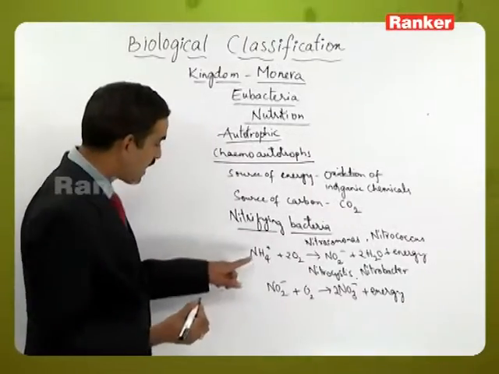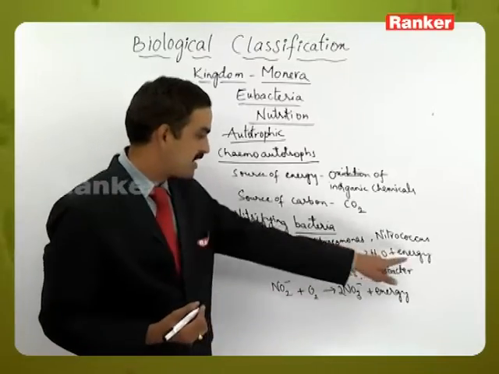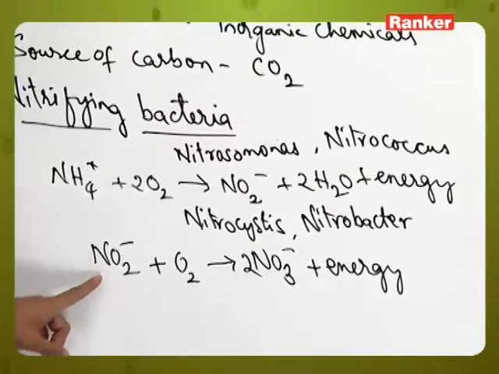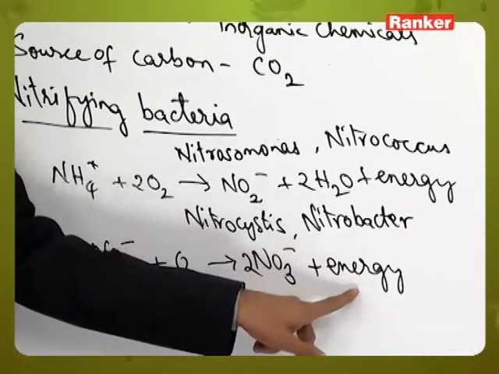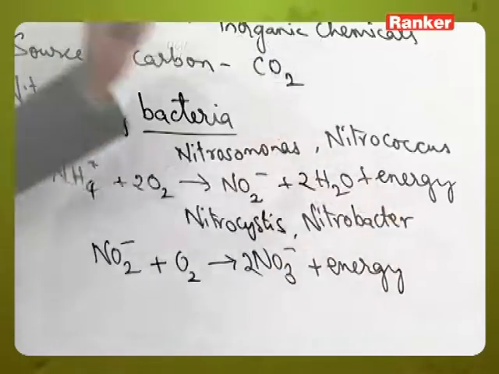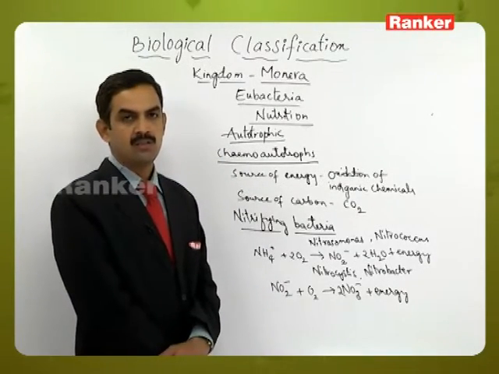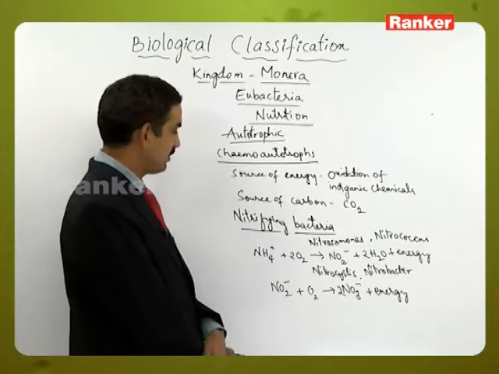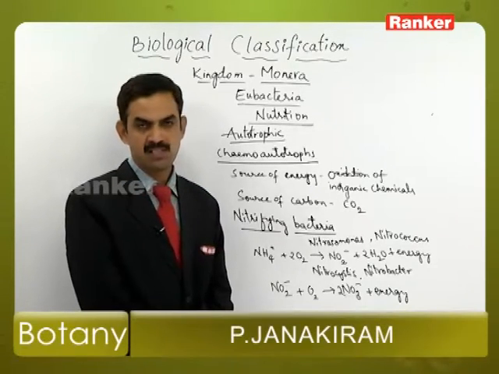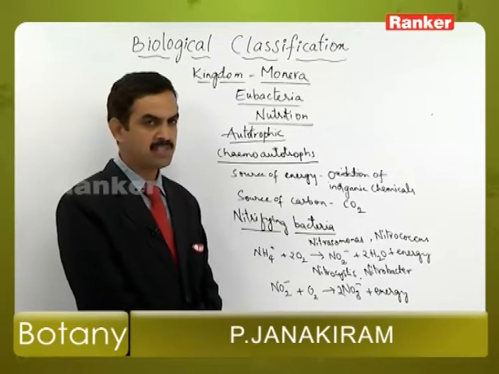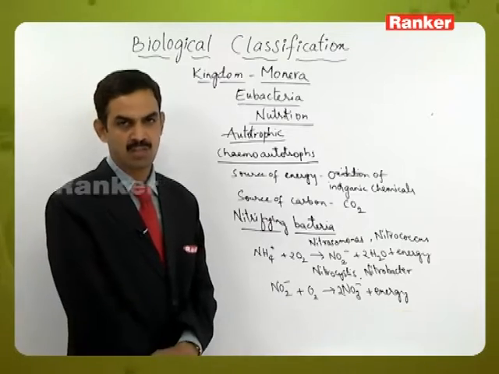That is, when ammonia is oxidized, it releases some energy, and when nitrite is oxidized, here also it releases some energy. This energy is utilized by the nitrifying bacteria as a source of energy, or the energy which is required for that process is taken from this oxidation of the ammonia or the nitrite molecules.